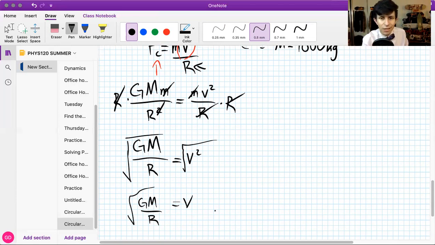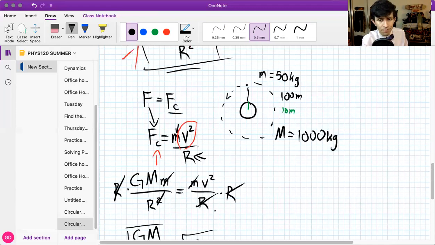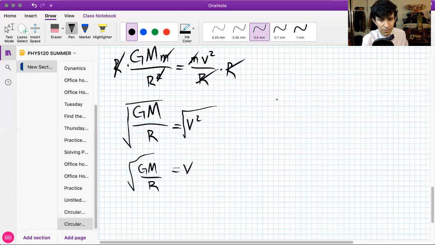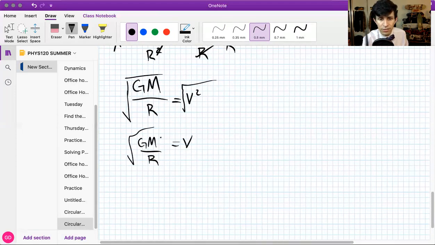This makes us realize we didn't need all of that information. We didn't actually need to know my mass. We only needed to know the mass of the planet or the asteroid in this case, the G constant, and the radius. So when you look at radius, you have to remember you're adding these two distances, the radius of the asteroid plus the altitude at which I'm at with respect to the asteroid.